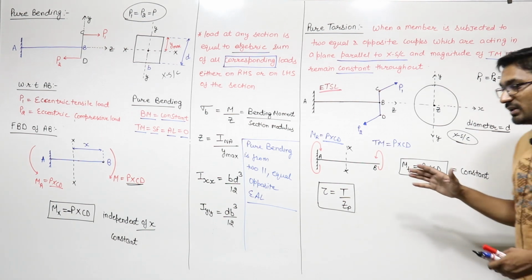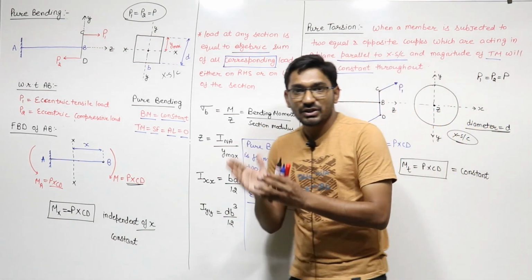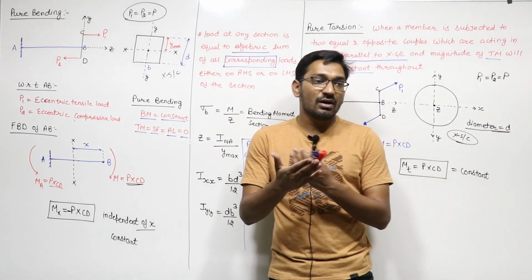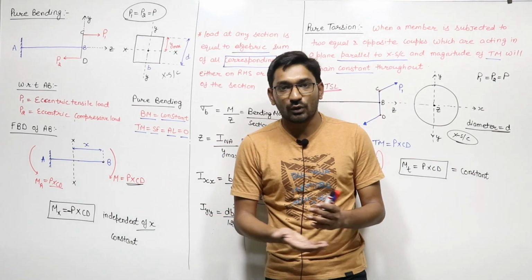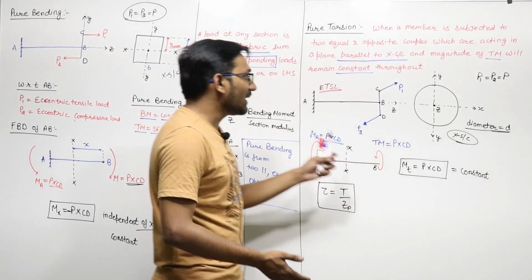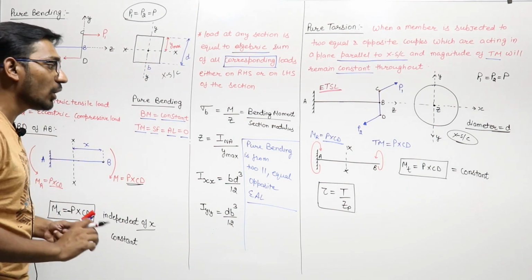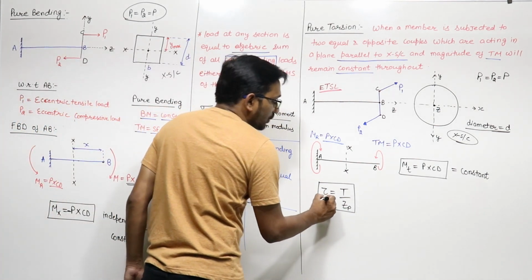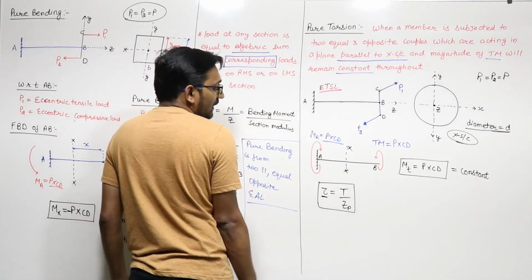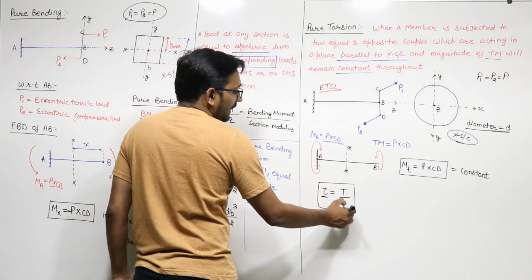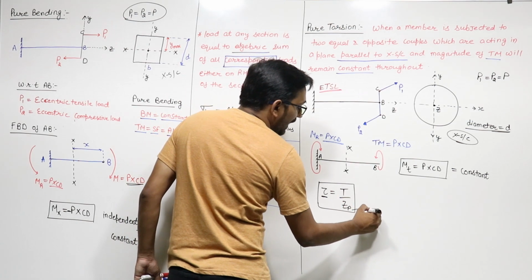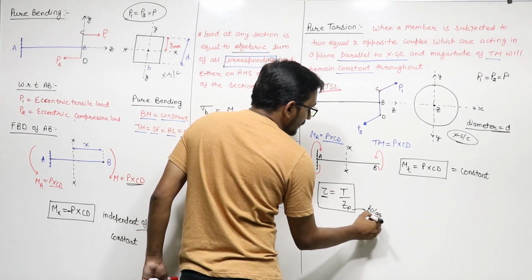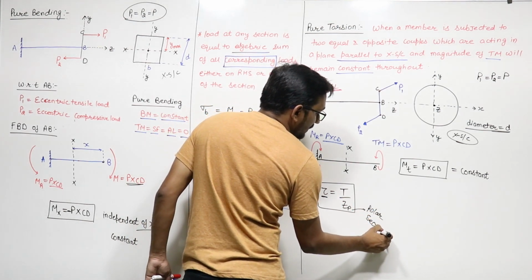Other forces like bending moment, shear force, and axial loading are all zero, right? And the shear stress due to this twisting moment, that is tau, is the twisting moment divided by the polar section modulus.